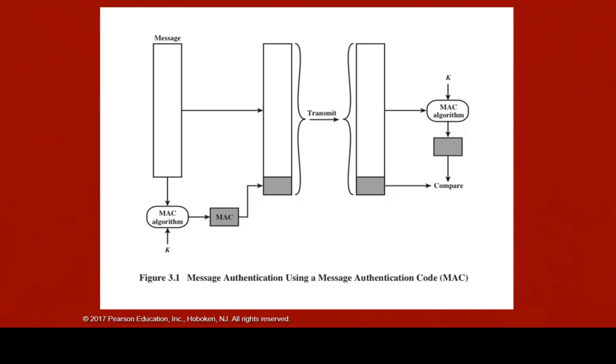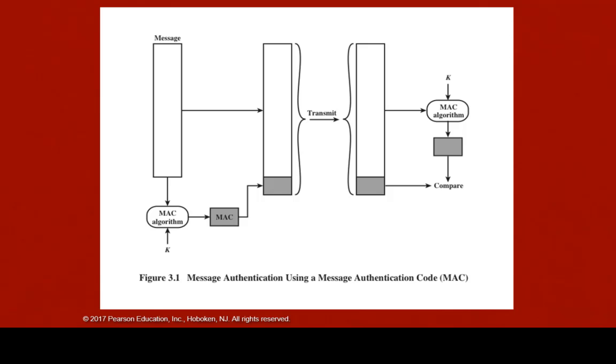The recipient performs the same calculation on the received message using the same secret key to generate a new message authentication code. The received code is compared to the calculated code, as in the figure. If we assume that only the receiver and sender know the identity of the secret key, and if the received code matches the calculated code, then the following statements apply. 1.